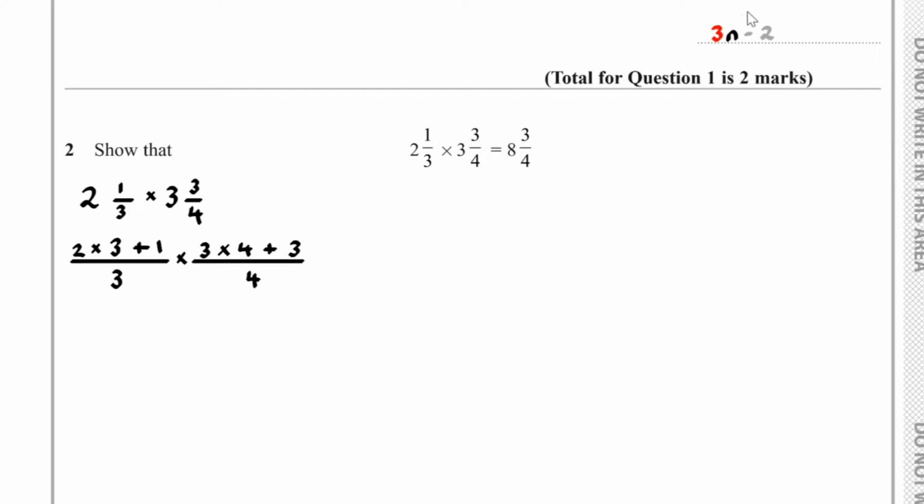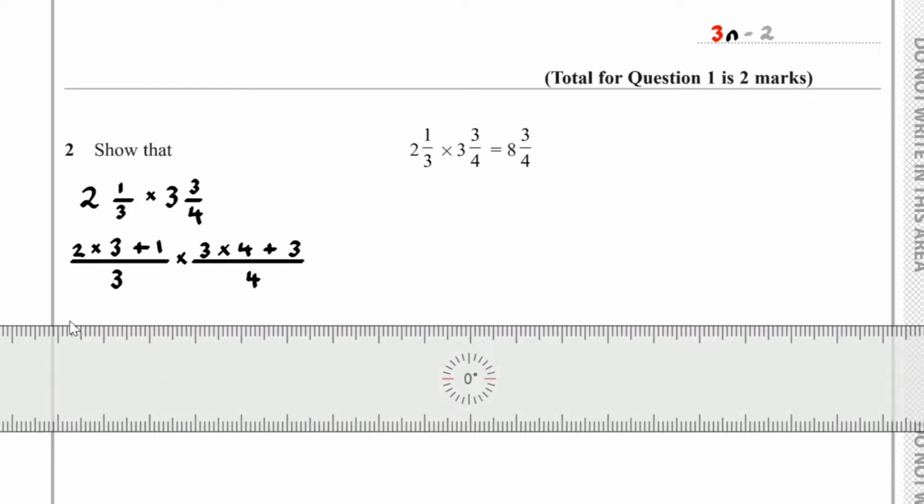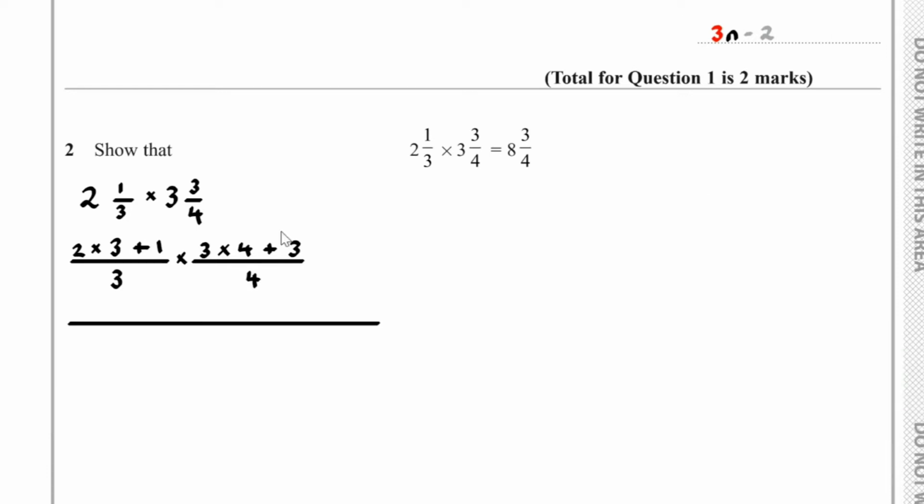So, if we attempt to simplify this even further, 2 times 3 is 6, plus the 1, that's 7. So we have 7/3 being multiplied by, well, 3 times 4 is 12, plus another 3, that's 15, and then we divide by 4.